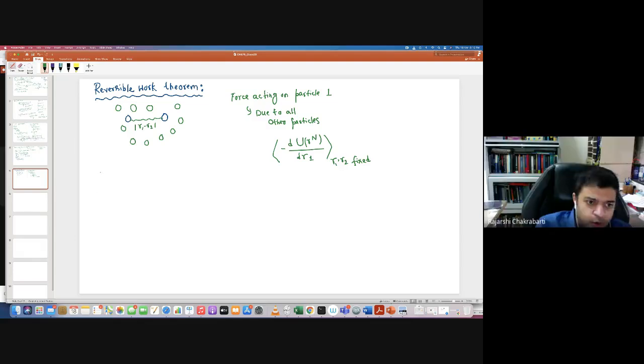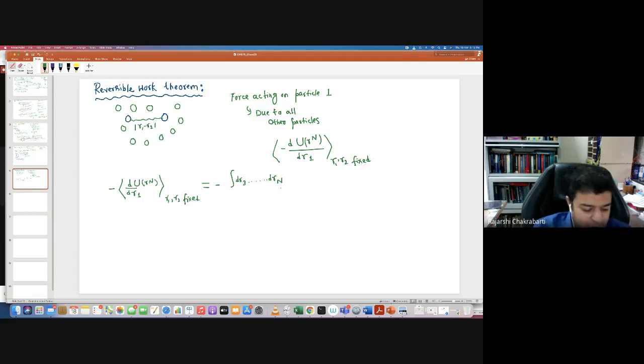Now what is the expression for this? What should I write on the right hand side? This is minus. I should integrate over all possible values of all the coordinates, isn't it? Only 1 and 2 are fixed.